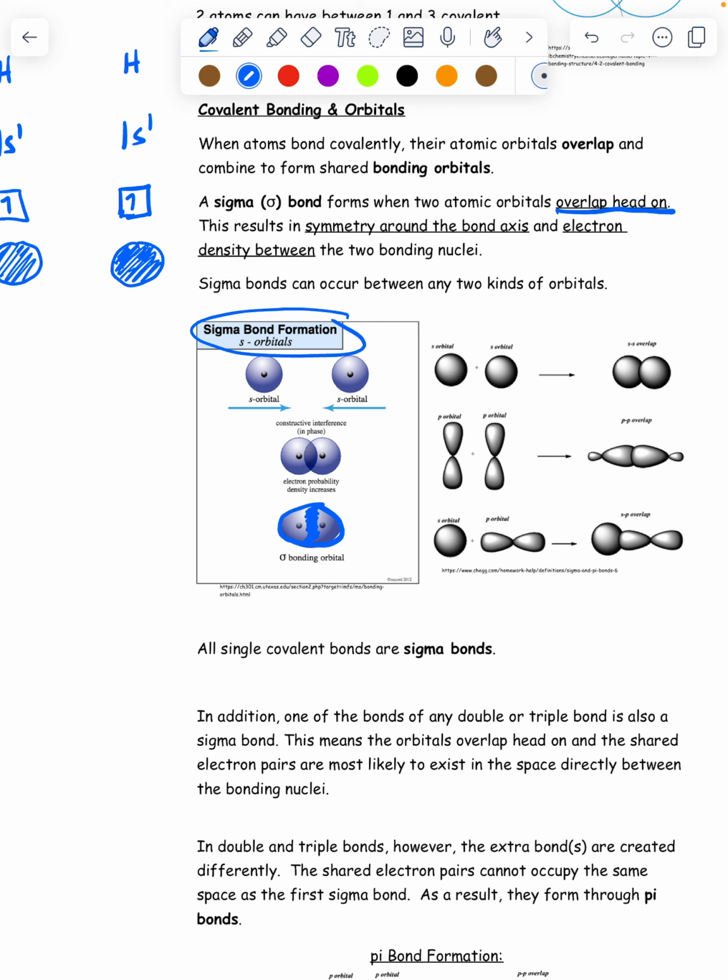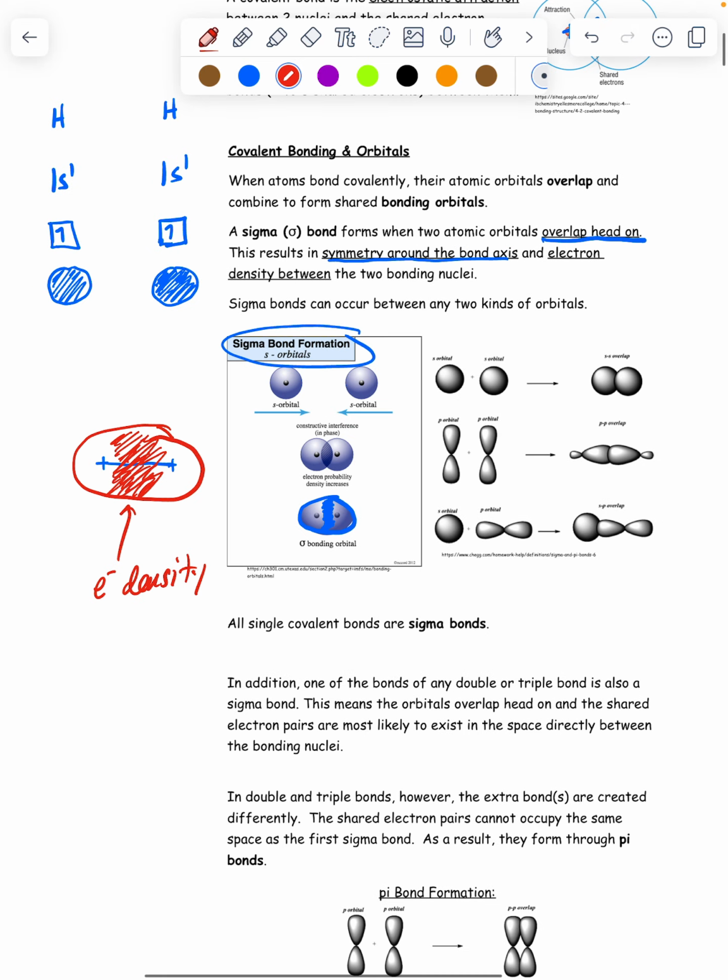And what results is you get an orbital that is symmetric around the bond axis. So the bond axis would be, if you drew a line between the two nuclei, that line. And so this orbital is symmetric around that bond axis. And the electron density is mostly in between the two bonding nuclei. So most of the electron density is in between the two nuclei. So that's what a sigma bond is.